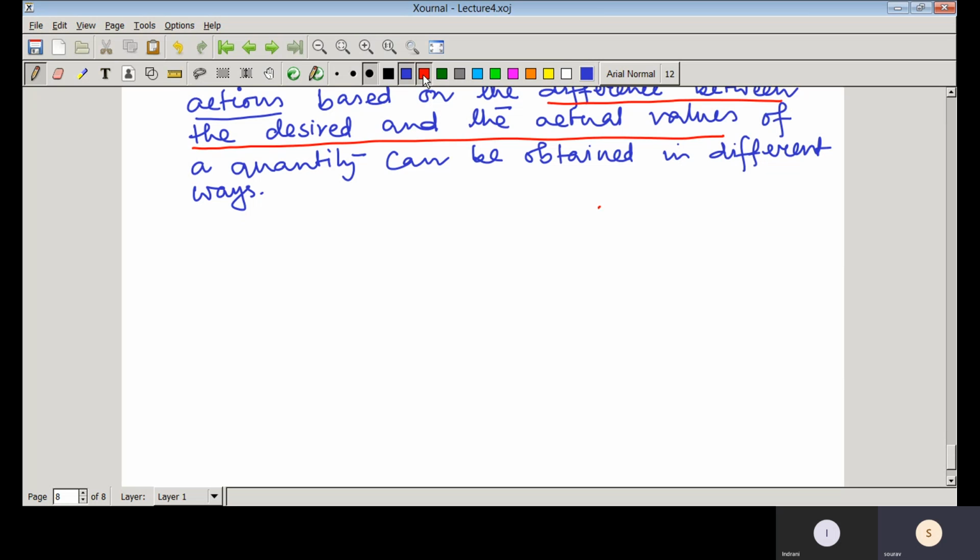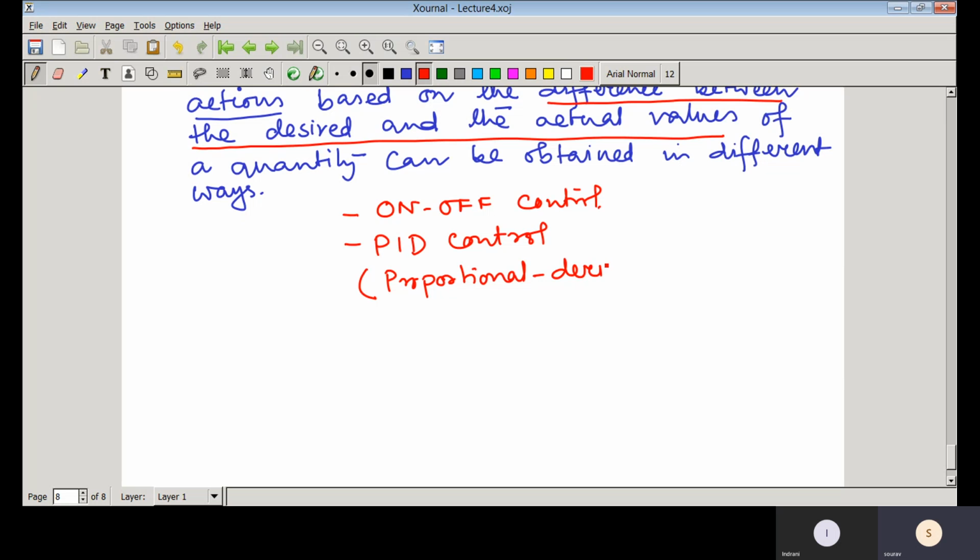Today we will be discussing two types of control. One is on-off control, and the other one is PID control. PID stands for proportional, integral and derivative.